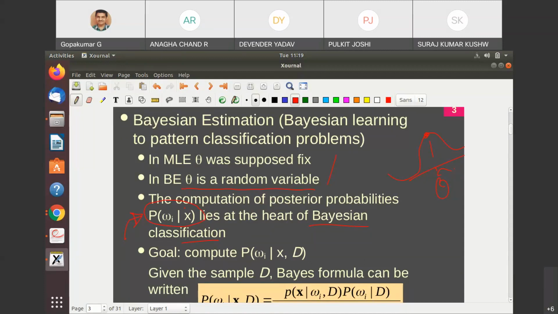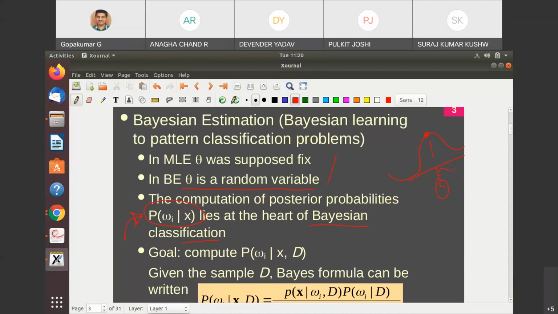That means you are given a feature vector x, and you are trying to find for which class or category that probability is highest. Based on that we decide the discriminant function, and then take the decision, or the prediction, accordingly.